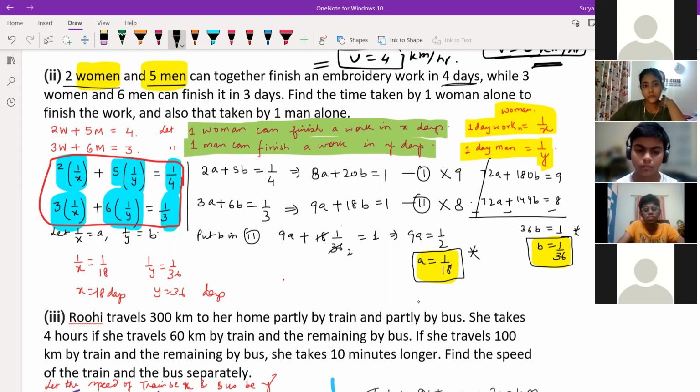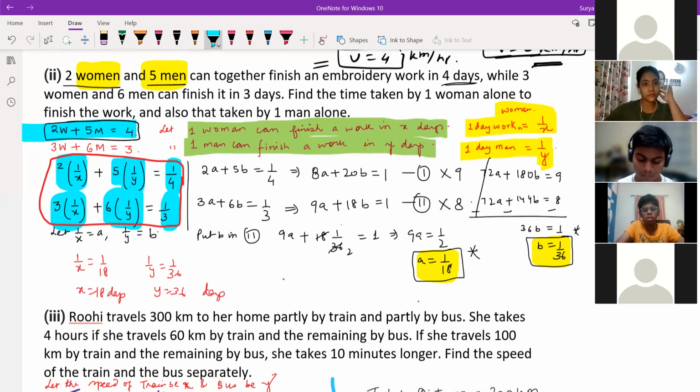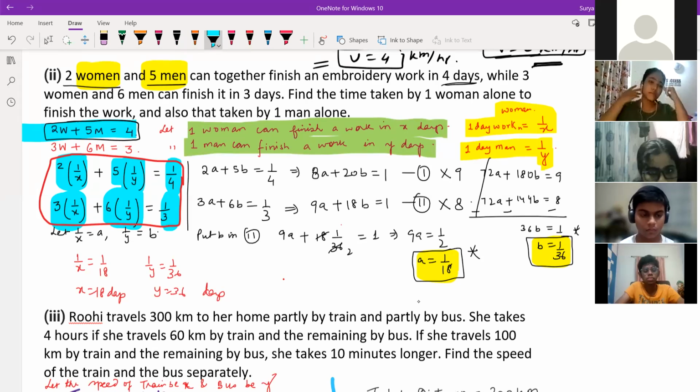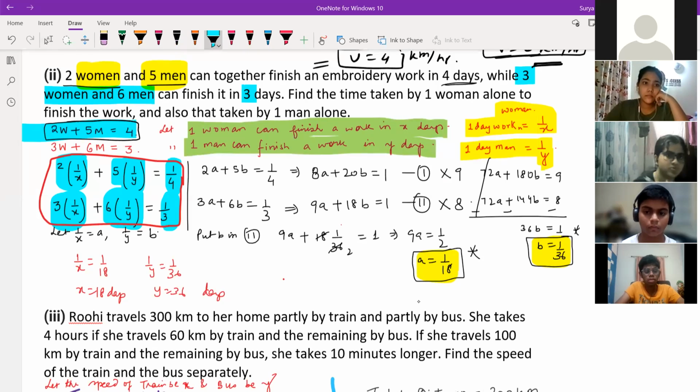Means 2 equations are given in front of you, right? 2 women and 5 men can do the work in 4 days. This point is clear to you? Yes, sir. Second, 3 women and 6 men can finish in 3 days. The second line is clear?